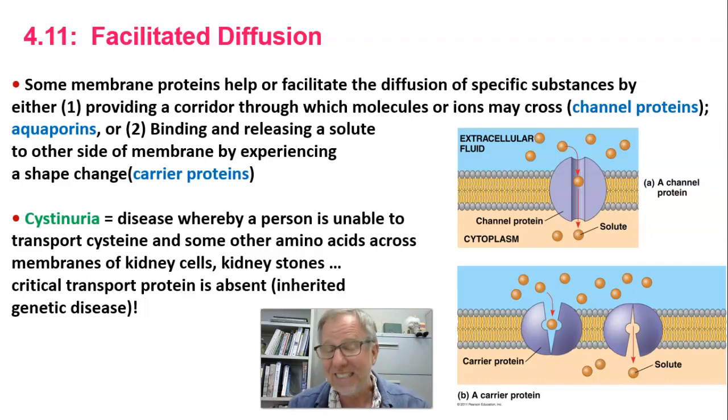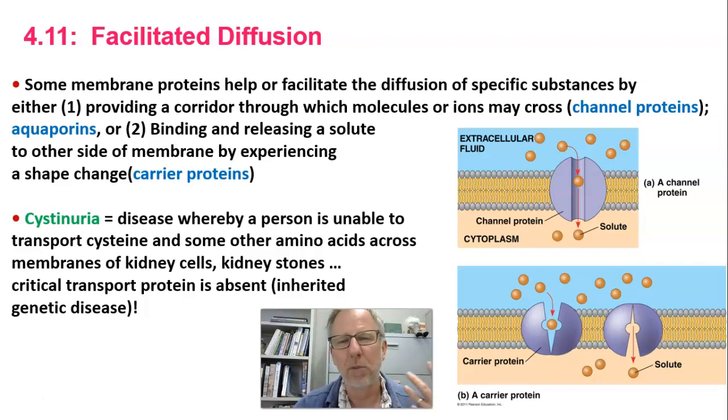Now, there are many diseases that have to do with a person or an organism not having a certain transport protein, because genetically they've inherited a mutation in their DNA, and that mutation makes a protein, but the protein doesn't work. If it's a transport protein and it doesn't work, then they won't be able to move that substance across the membrane. One example is a disease called cystinuria.